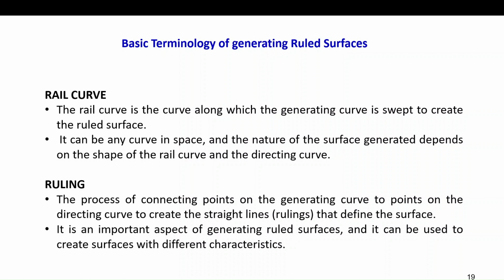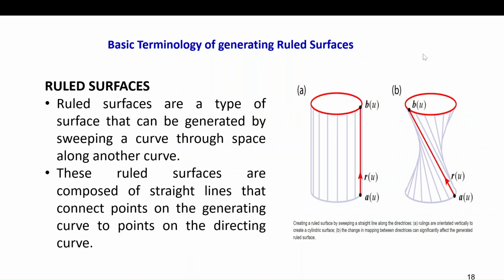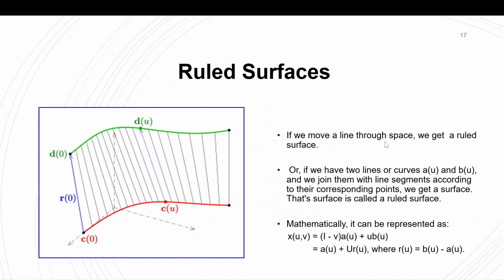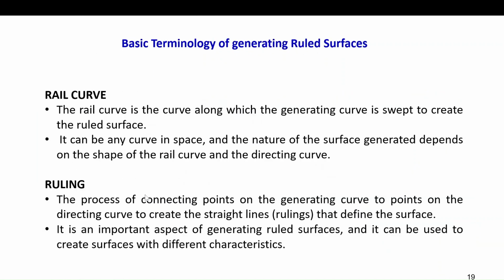And what is ruling? Ruling is the process of connecting the points on the generating curve to the points on the directing curve. Like if you see, there will be a directing curve and generating curve everywhere.